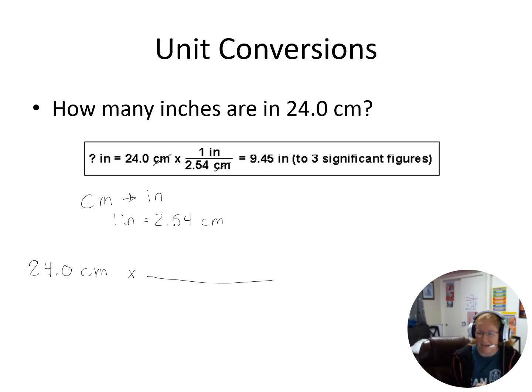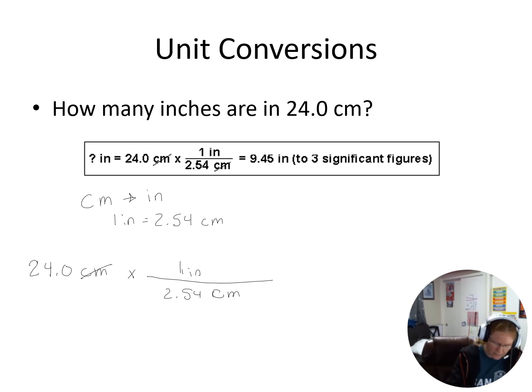So I need to cancel out centimeters. Okay, so I can think of my 24.0 as being 24.0 over 1 if it helps, right? Or we can just have our 24.0. Okay, so I want centimeters to cancel out. So if I have centimeters on the top, then I need it to cancel out on the bottom. So my 2.54 centimeters will go here on the bottom, and my 1 inch will go on the top.